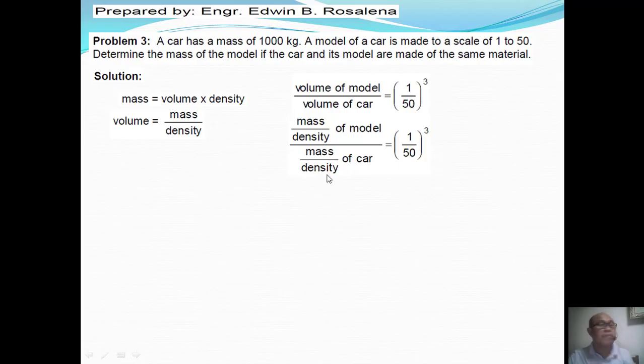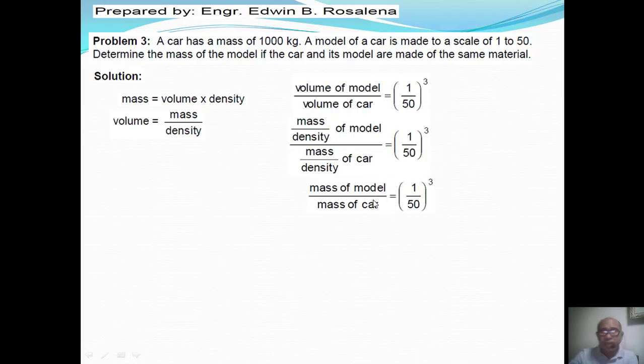What is left is the mass of the model over the mass of the car. So the volume ratio is just the same as the mass ratio, equal to the cube of the proportion, because mass is a function of the volume.